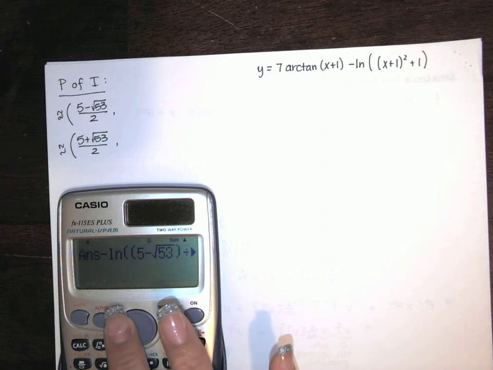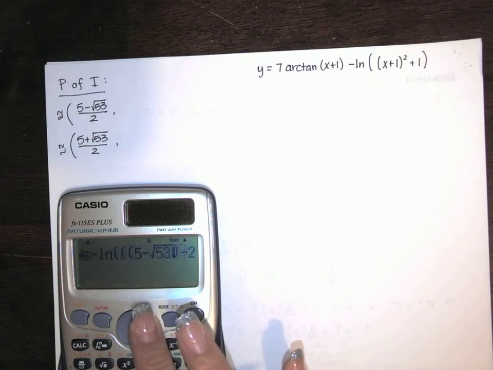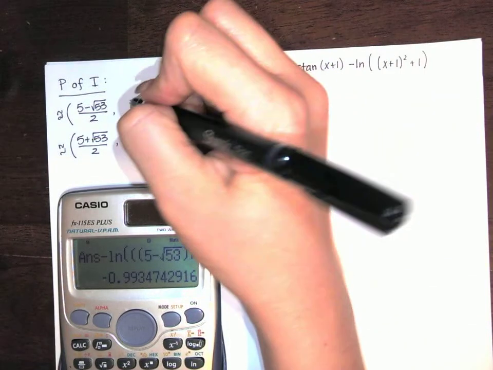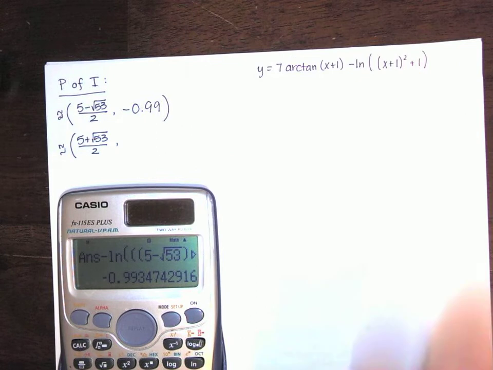Actually, I think I need some other parentheses over here. So that's our x value. Now we need to add 1, square that, add 1 to that, and then close parentheses for the logarithm. So we get about negative 0.99 approximately.